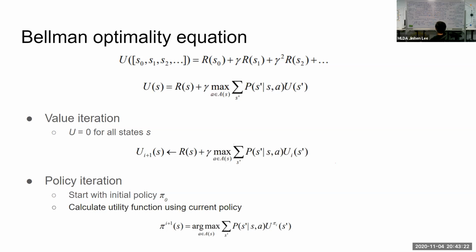Both of these are negative 0.04, and this one is negative 1. So this is negative 0.132. If you go down, this will be negative 0.132.